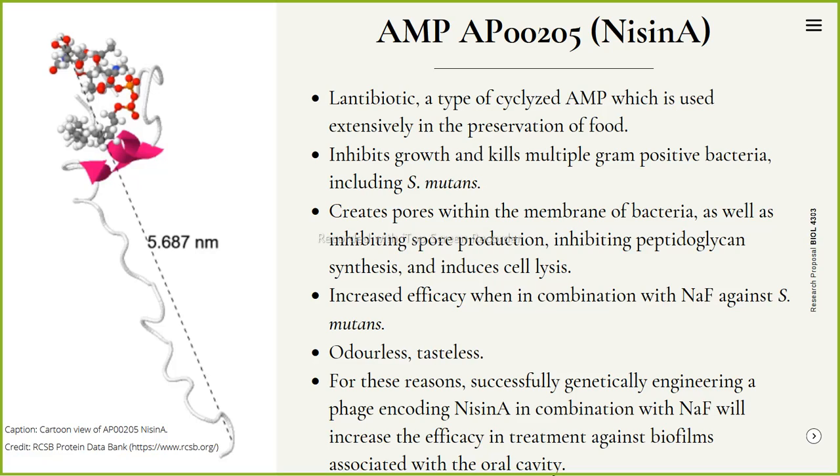Moving on to our antimicrobial peptide. It's a polycyclic peptide antibiotic. It's an antimicrobial peptide which is used extensively in the preservation of food, as well as other applications. It inhibits the growth and kills multiple gram-positive bacteria, including S mutans and others that are found within the oral microbiome.